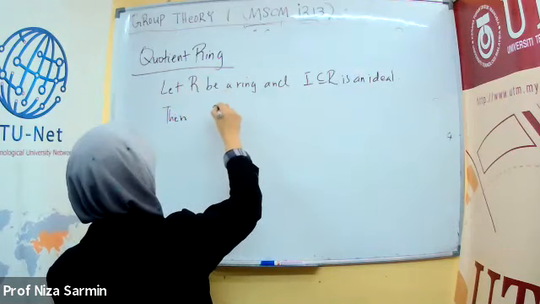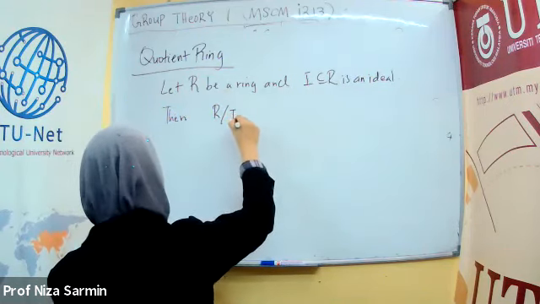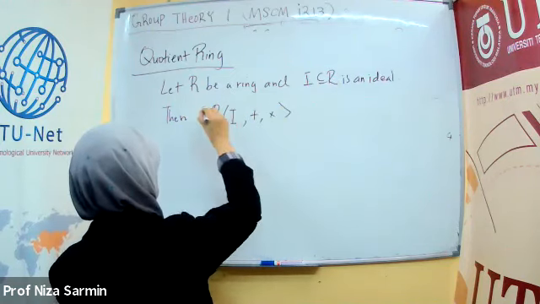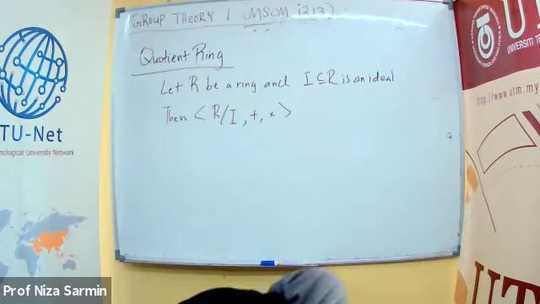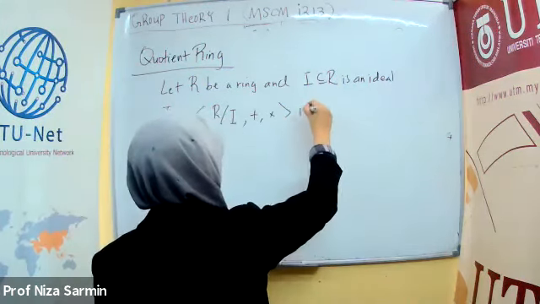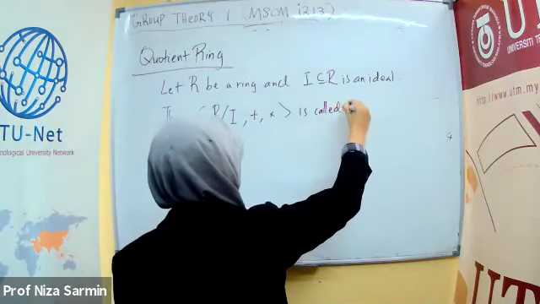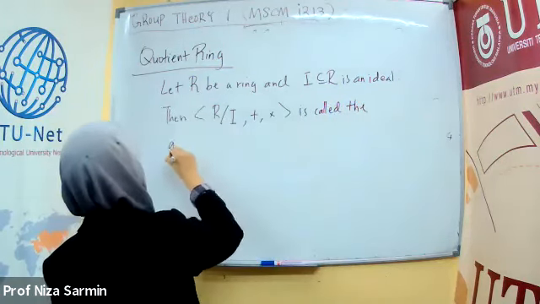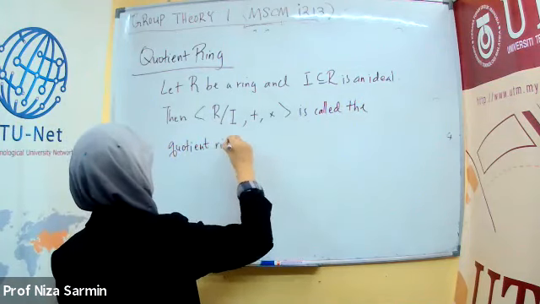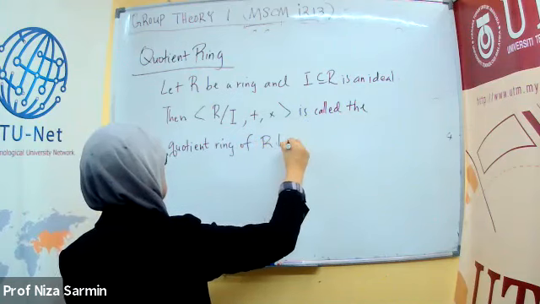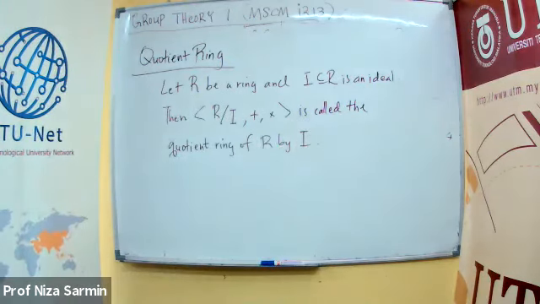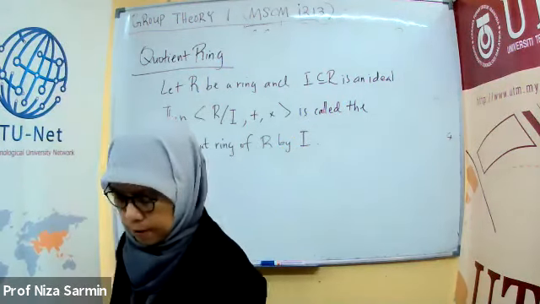And R mod I, with, sometimes I use dot, sometimes I use cross for multiplication, is called the quotient ring of R by I.